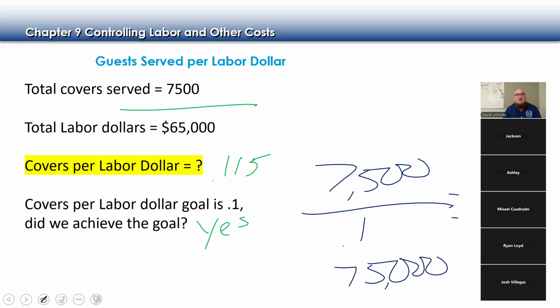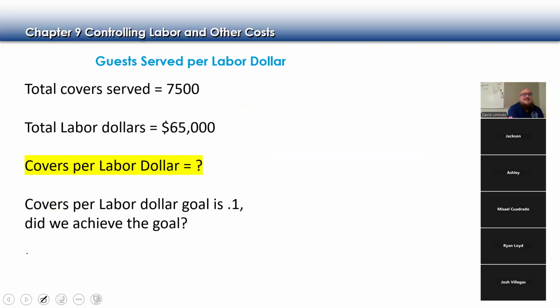So if our people are either cross-trained or well-trained, then we can probably do more with fewer employees, right? Versus if we have people who are not as trained, then we probably have to have more employees on hand.